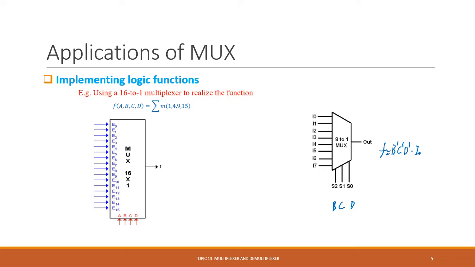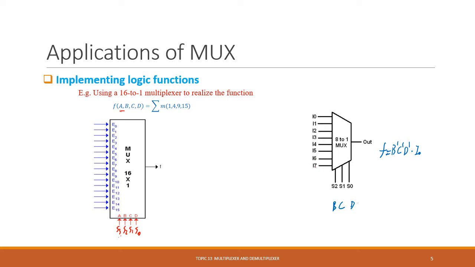To use mux to realize that, we need to first set the select inputs equal to the variables. So basically S3, S2, S1, S0, we make them equal to A, B, C, D, following the same sequence here. So A is the MSB corresponding to S3, D is the LSB corresponding to S0.